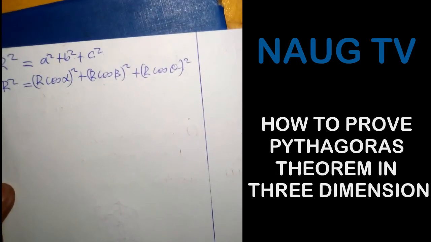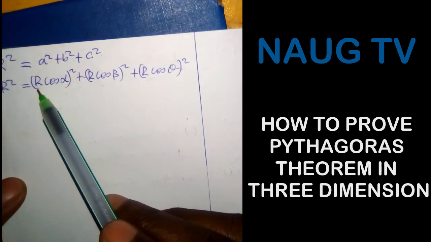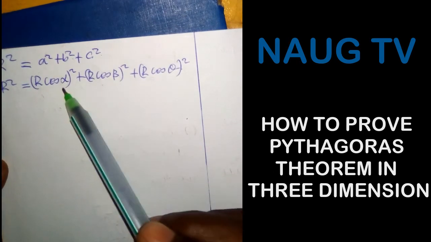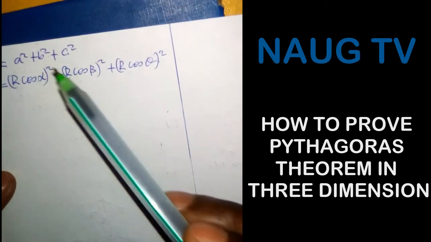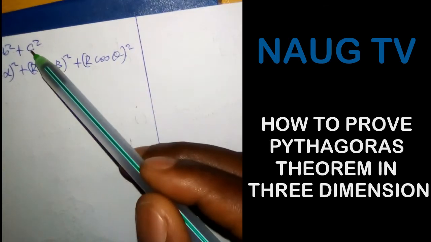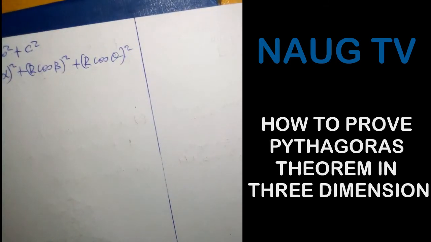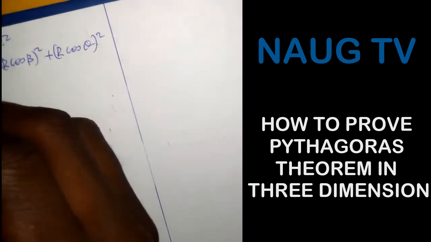As we have seen, R cosine alpha equals A, R cosine beta equals B, and R cosine theta equals C. So I think that is right.